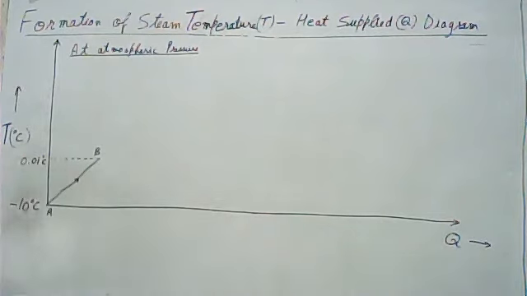Okay. So 0.01 degree centigrade is the temperature at which the ice starts to melt.